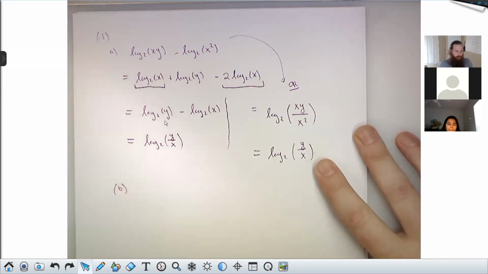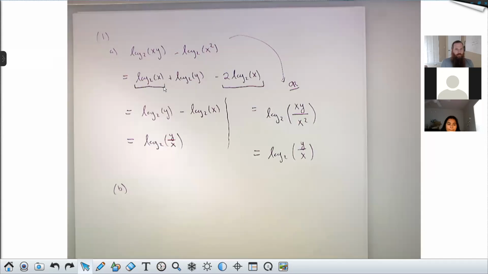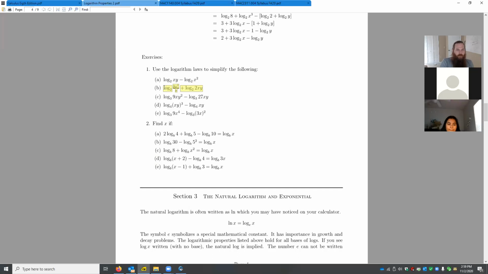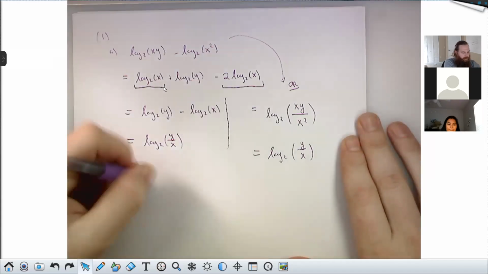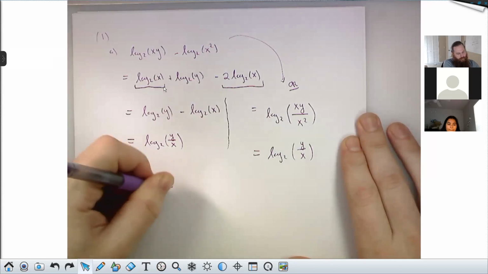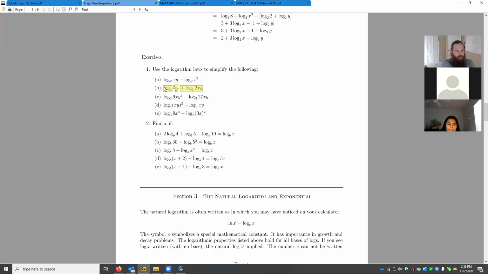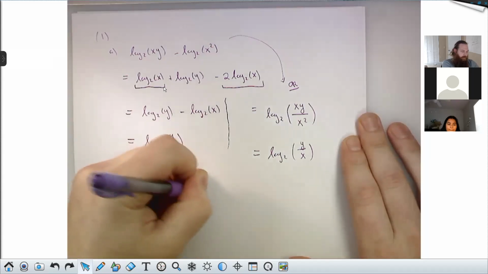The second group was working on part B, where we've got the base 2 log of 8x squared over y, and we want to add to that the base 2 log of 2xy.